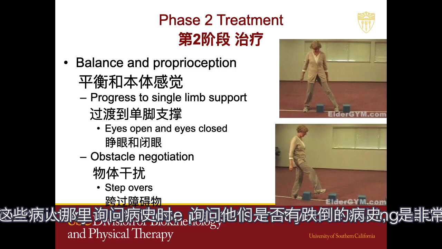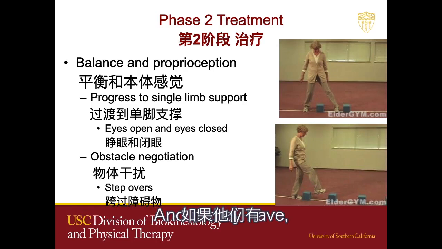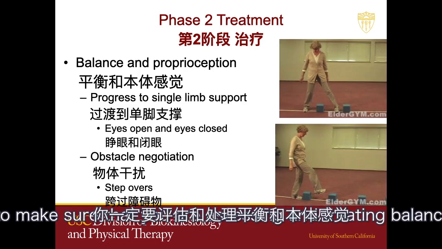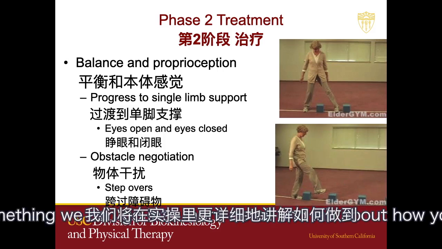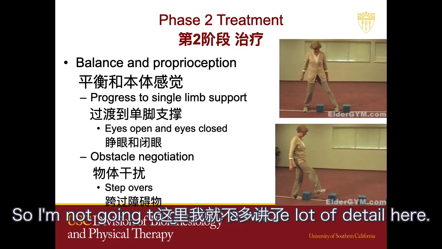Have they had a history of falls, any falls in the last year or 2 years? And if they have, then you really want to make sure that you are assessing and treating balance and proprioception. So again, this is something we can go into more detail in lab about how you do that, progressing your balance activities. So I'm not going to go into a whole lot of detail here.